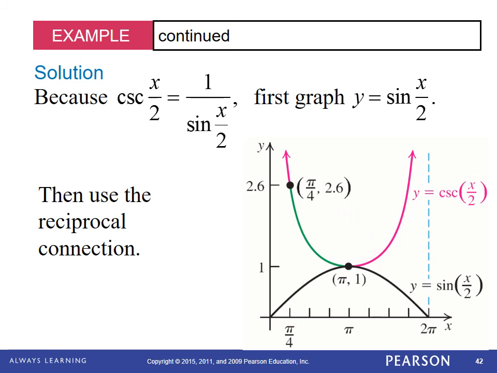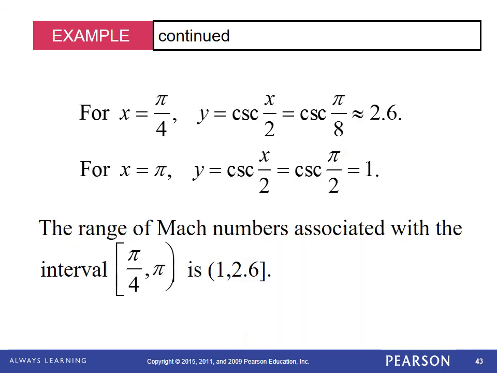This might clarify a few things here. So that's kind of what we talked about here. For pi over 4, we punch it in, it becomes 2.6. For pi, we punch it in, it becomes 1. So then the range for Mach numbers associated with this interval is going to be anything above Mach 1 and up to 2.6.